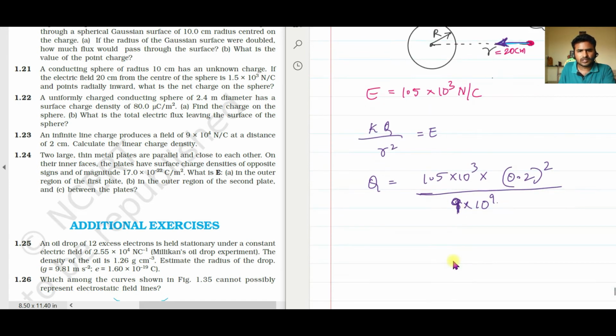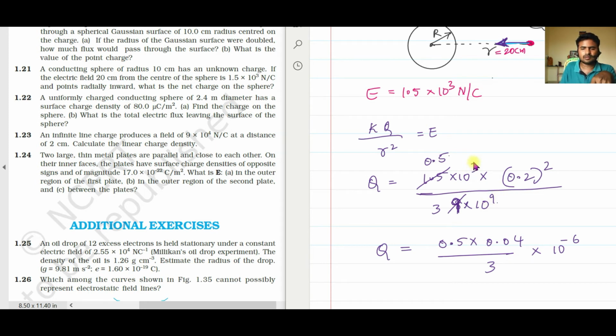So the charge on the sphere is, this 1.5 will get cancelled with this 9. I can write 9 as 3 into 3, and 1.5 as 3 into 0.5. Then it becomes 0.5 into 0.04 whole divided by 3 into 10 to the power of minus 6, because 10 power 9 will go to the numerator, 10 power 3 is already present in the numerator, so 10 power 3 minus 9 is going to be 10 power minus 6.